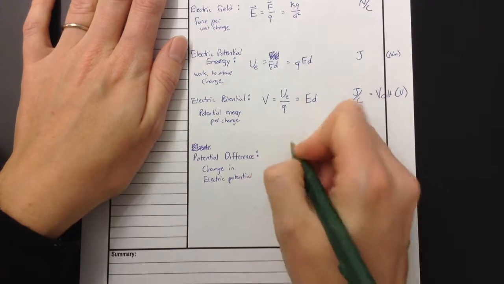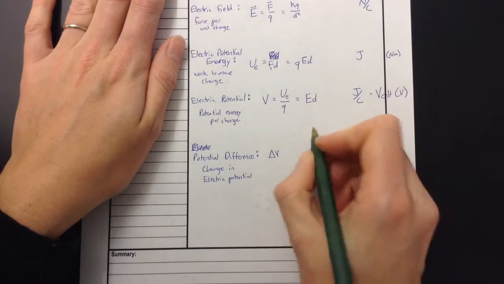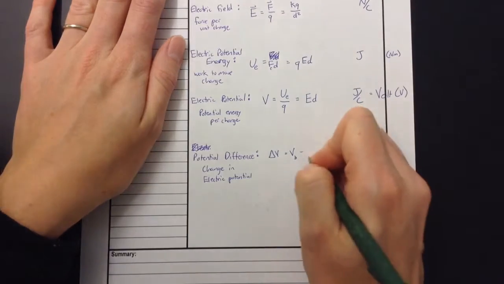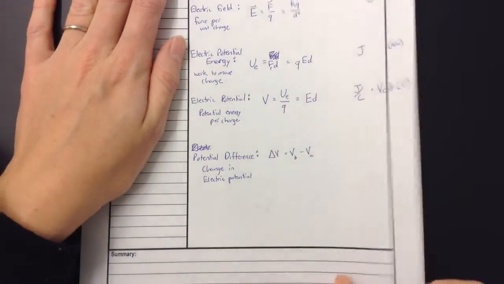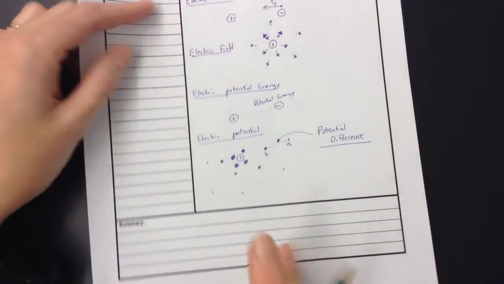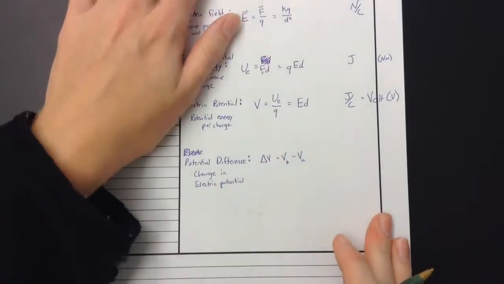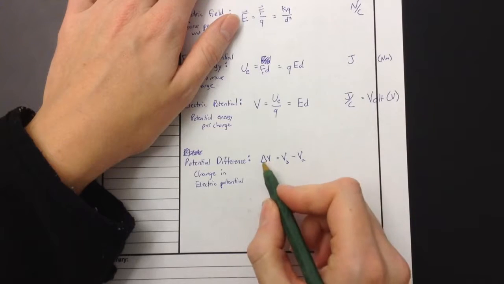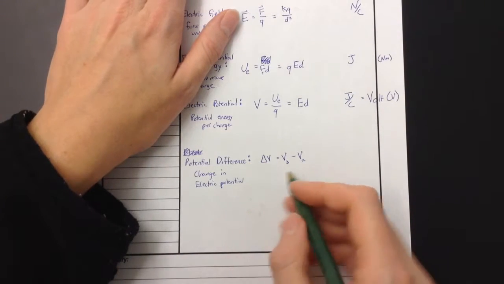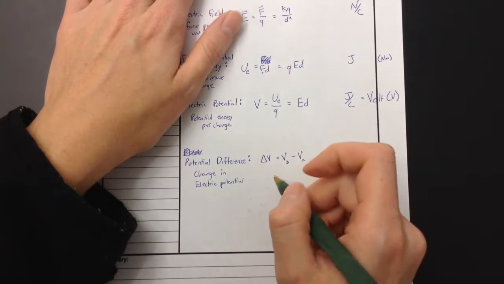So it is literally, we use a triangle V for this one, and you take the final minus the initial, and so we're comparing those 2 points. Remember, in the picture, we're comparing those 2 points. It's just the difference to get from A to B. So the potential difference is what we're talking about here.